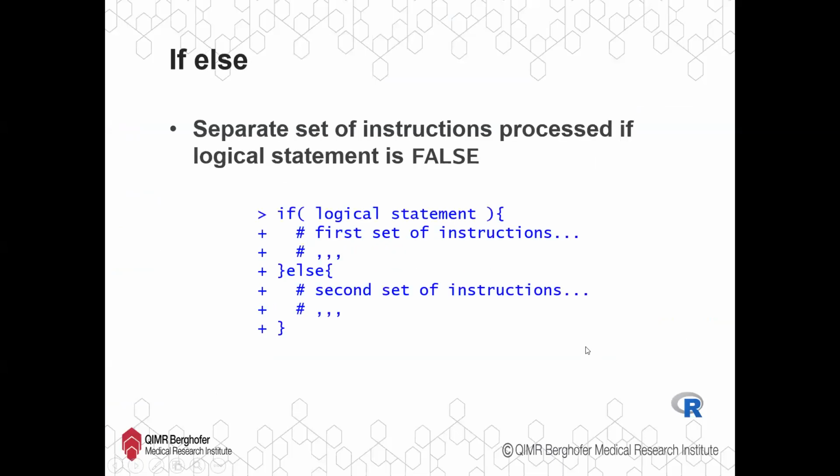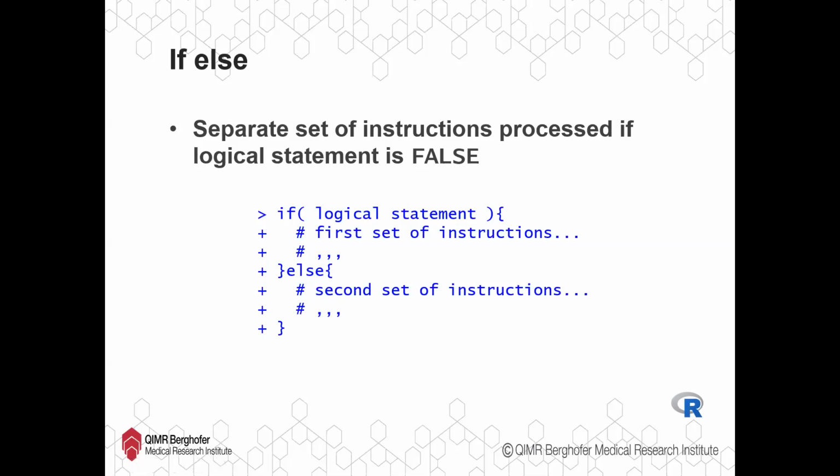Now, to expand on that, we can also have an if-else statement. This is a separate set of instructions to be processed if the logical statement is false. Remember, the outcome of that logical statement can only be true or false. If it's true, the first set of instructions in the curly braces will be evaluated. However, if it's false, we can add a second set of instructions after the else command that will be evaluated instead.